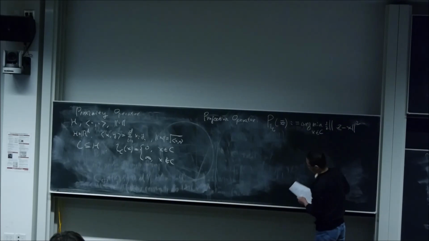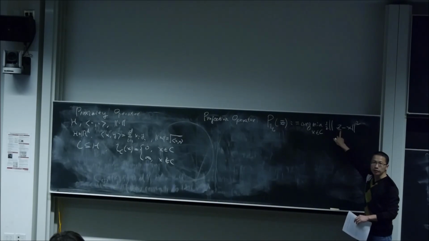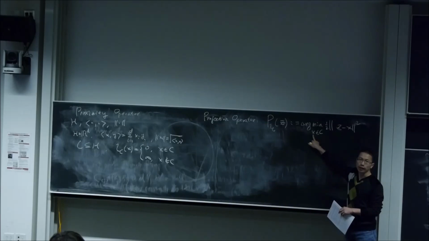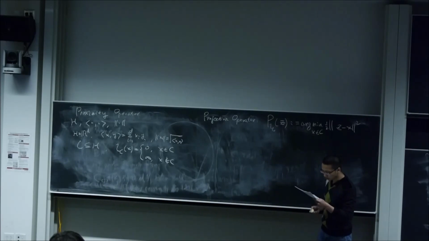And we put a half here just for normalization. So essentially, we are trying to approximate the point Z with the point x in the set C. This is the usual projection operator.